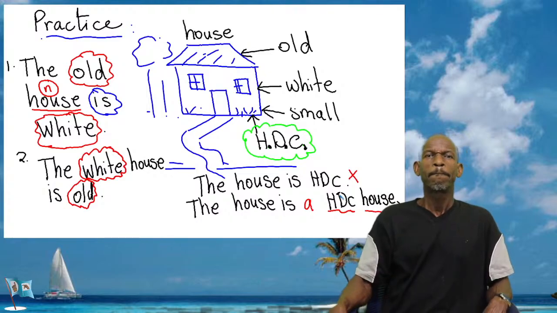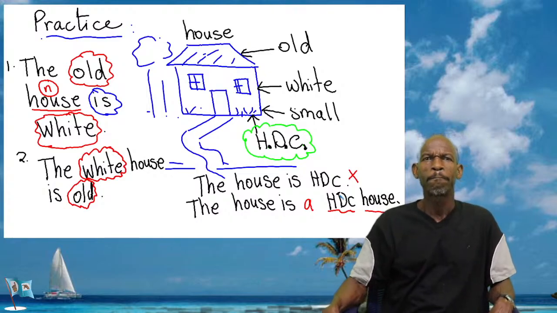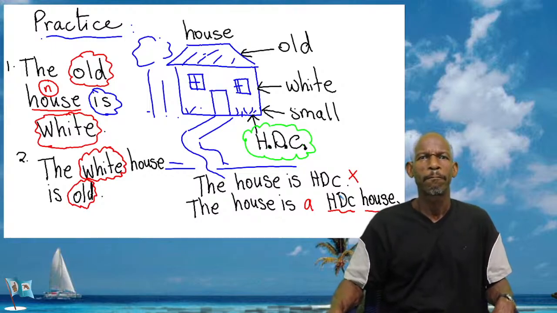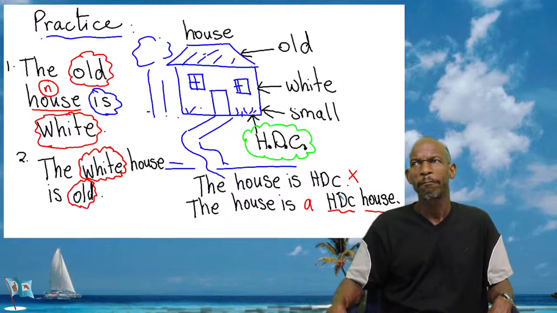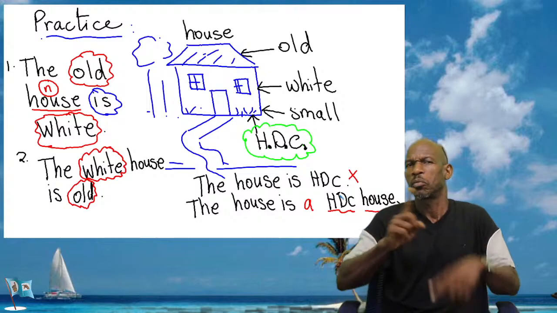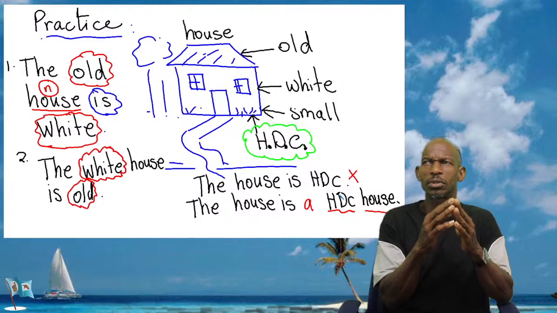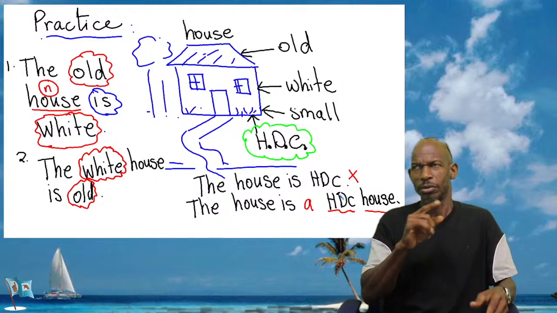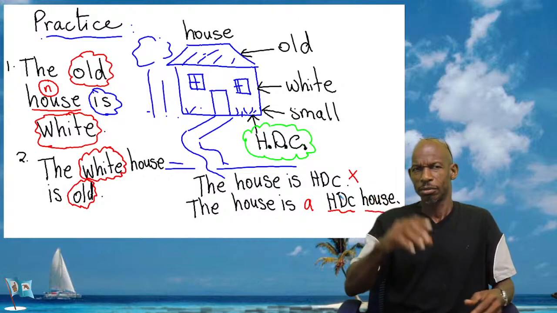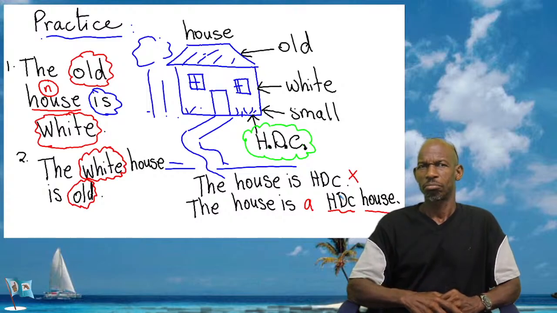The house is, now we cannot say the house is HDC. If we sign it and dramatize it in sign language, we can dramatize it like that, but we can't say the house is HDC. That means we're saying this house.